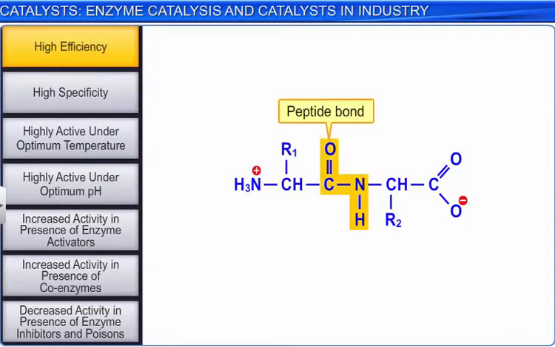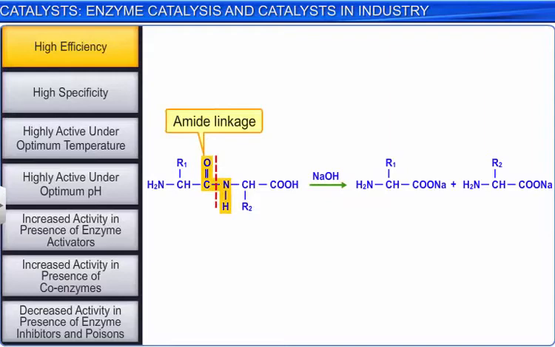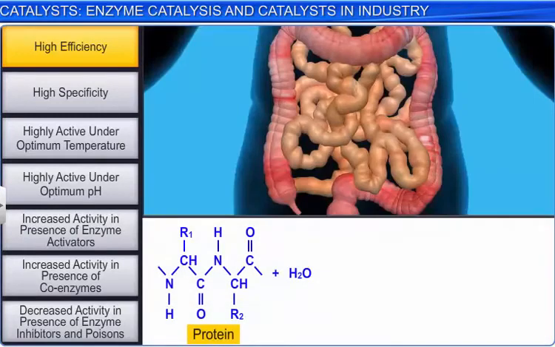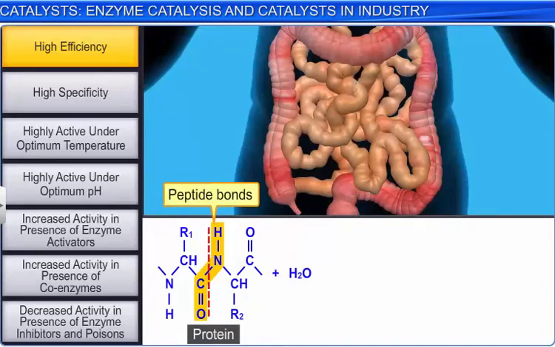The hydrolysis of an amide in the laboratory requires it to be heated with an alkali for a few hours. The proteins in our food contain peptide bonds. These proteins are easily hydrolyzed by different enzymes to individual amino acids in the stomach and the small intestine.